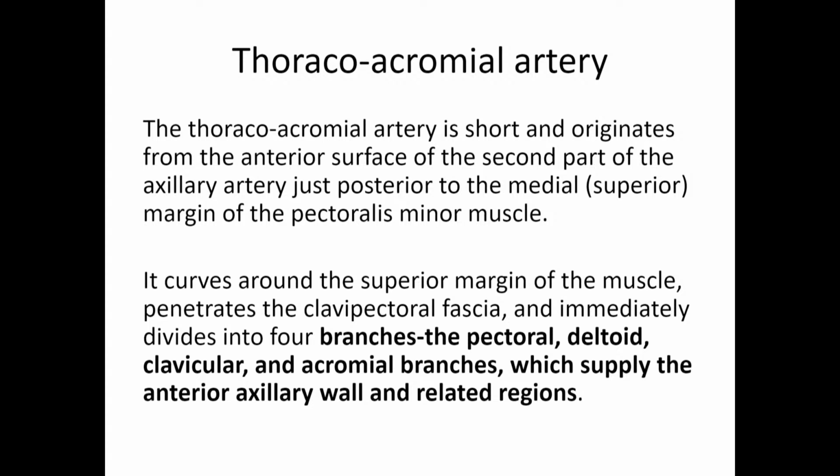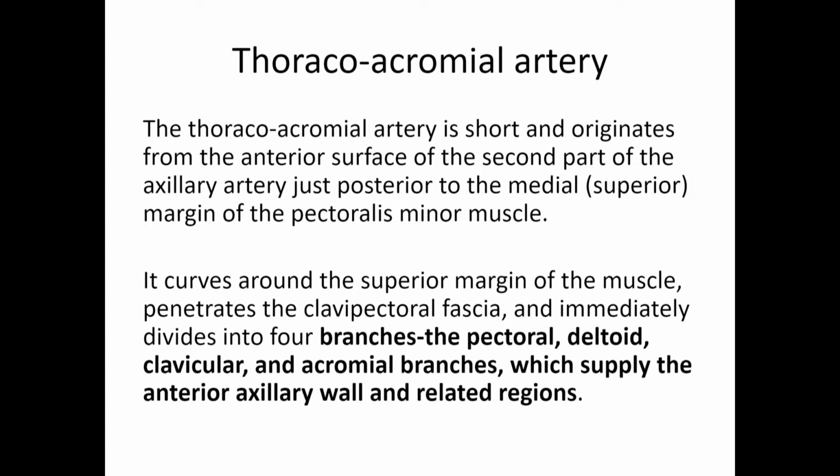This is a short branch, and it again originates from the anterior surface of the second part of the axillary artery, just posterior to the superior margin of the pectoralis minor muscle. It penetrates the clavipectoral fascia, and then it divides into its 4 branches.